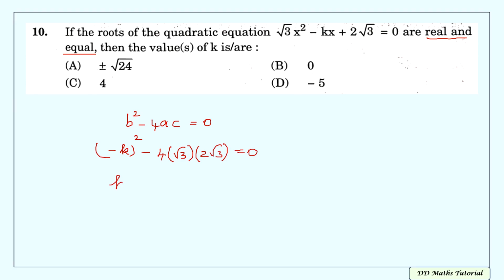So we'll have k square minus 24 is equal to 0. So k square is equal to 24. So k value will be equal to plus or minus root of 24. So option A, it is plus or minus root of 24.